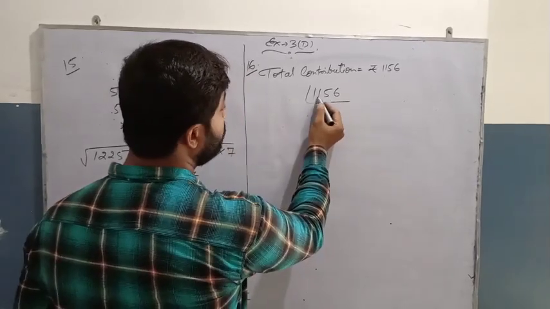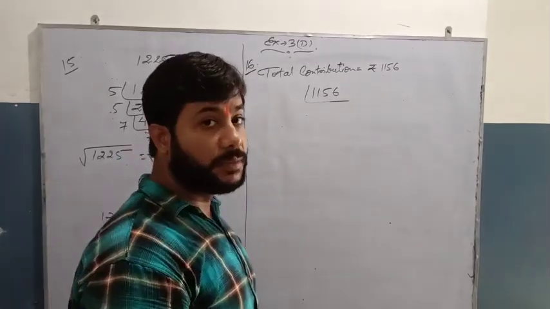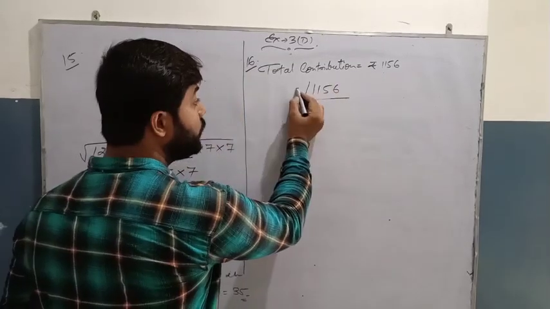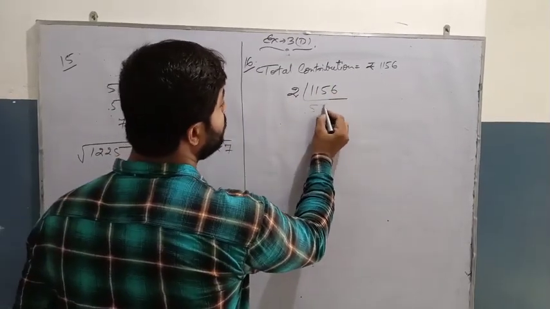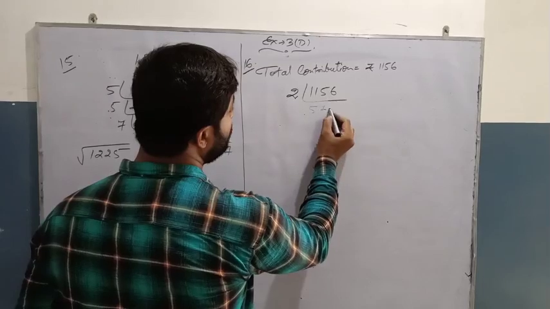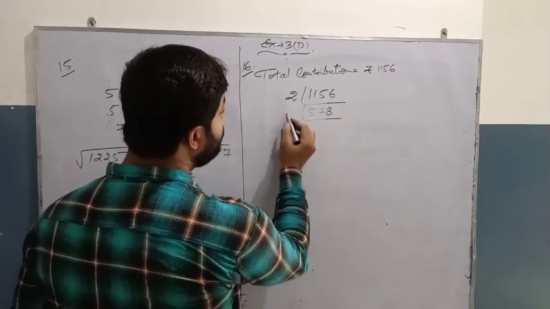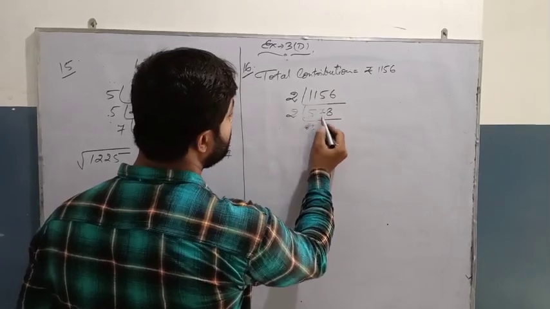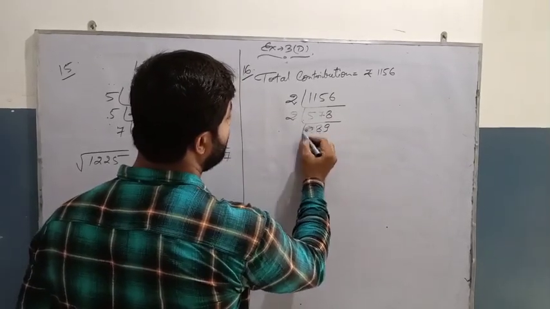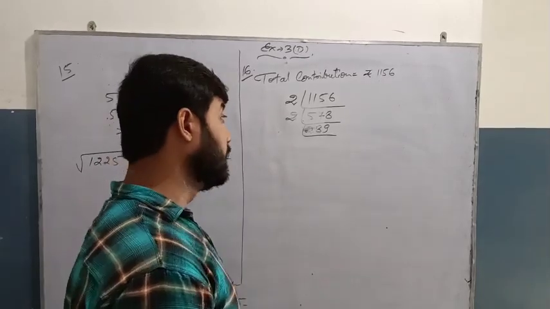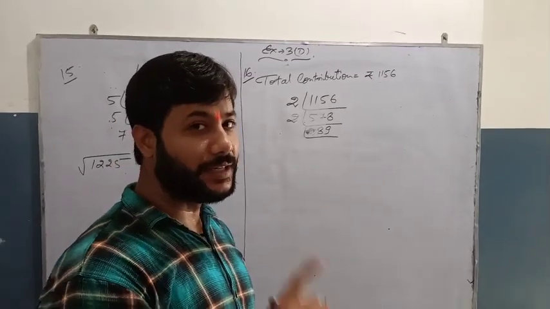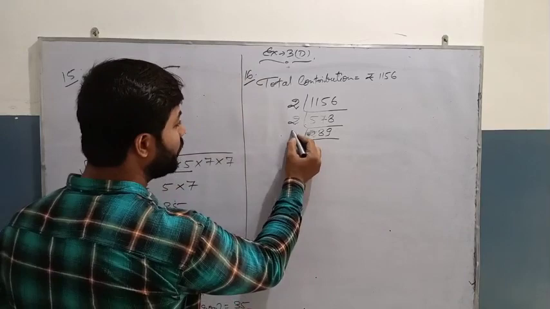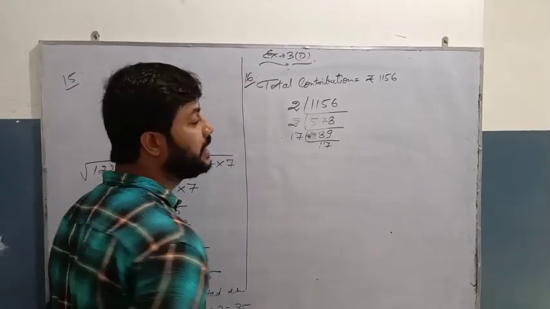Here 6 and 5 are 11, 1 and 1 are 2, so it is not divisible by 3, but it is divisible by 2. So 2 fives are 10, 2 sevens are 14, 2 eights are 16. Again 2, 2 twos are 4, 2 nines are 18. Now 289, that is the square of 17. 17's square is 289. So 17 17s.